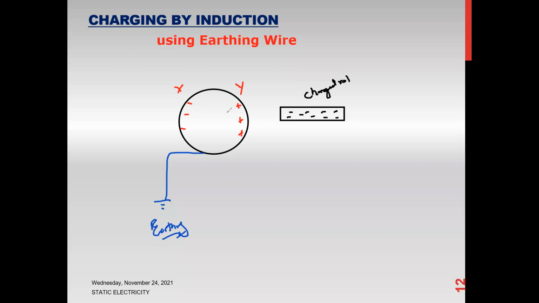Because these electrons are experiencing repulsion from the charge rod, they find space to go out, so they will go out through the earthing, from the metal sphere to the earthing. When these electrons go out from the metal sphere to the earthing, what will happen?